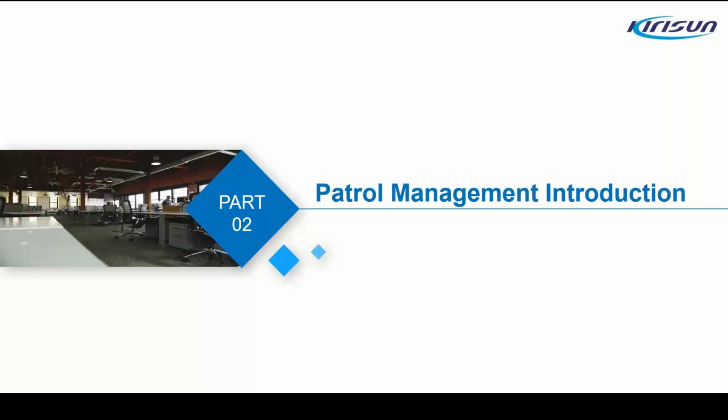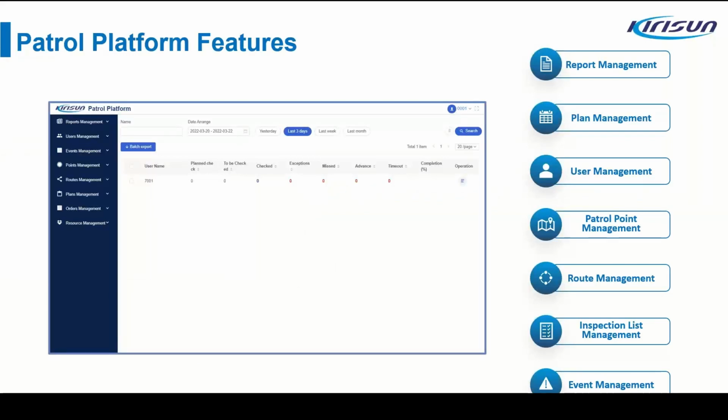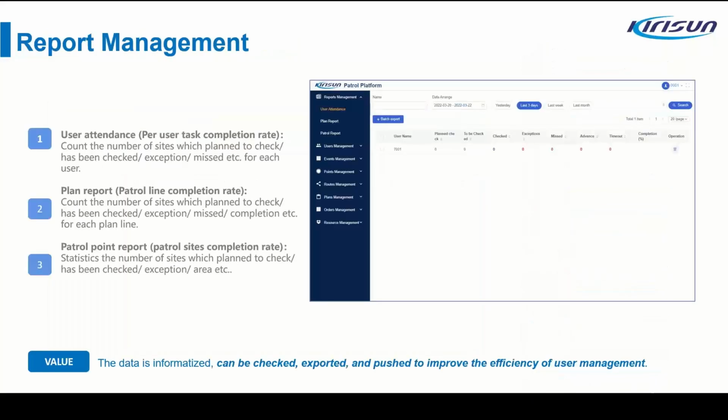Next part, I would like to introduce the features on the patrol platform. There are 7 features on the patrol platform: report management, plan management, user management, patrol point management, route management, inspection order management, and event management. The first feature is report management.